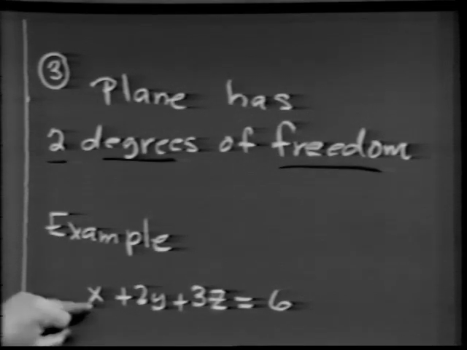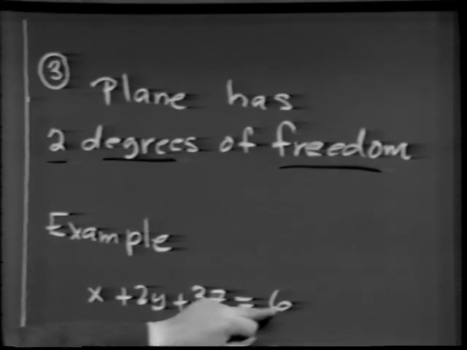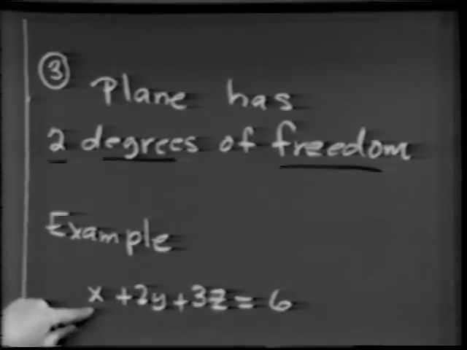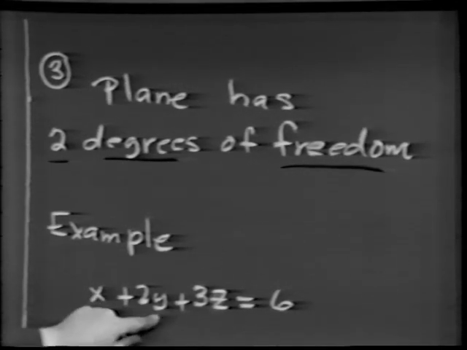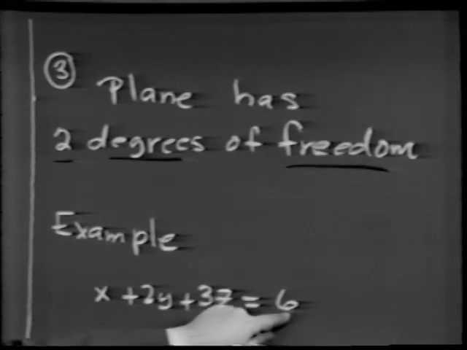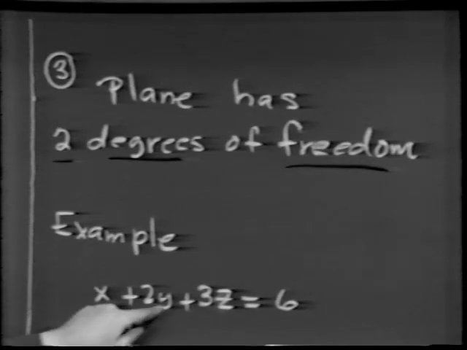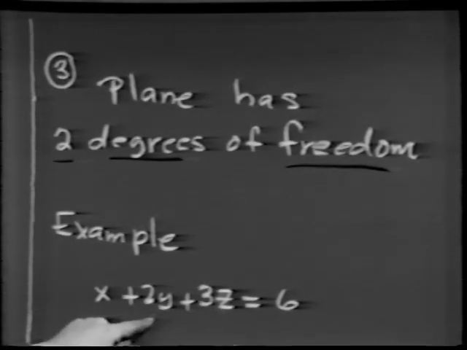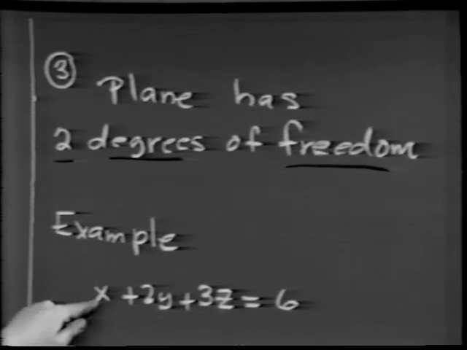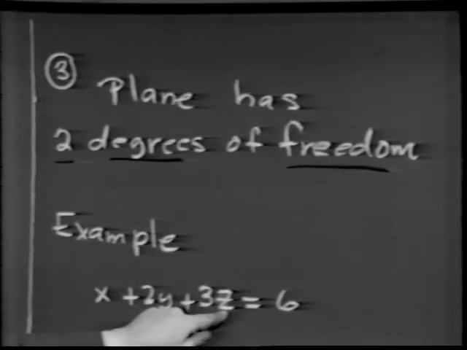In other words, given x plus 2y plus 3z equals 6, if I say let x be 15, notice that I have 15 plus 2y plus 3z equals 6, which gives me one equation in the 2 unknowns y and z. To actually uniquely fix anything, I must specify what 2 of the 3 variables are.